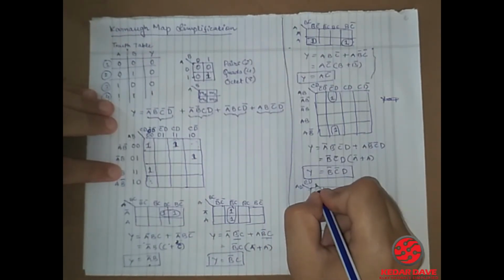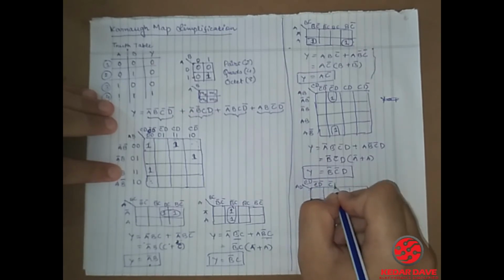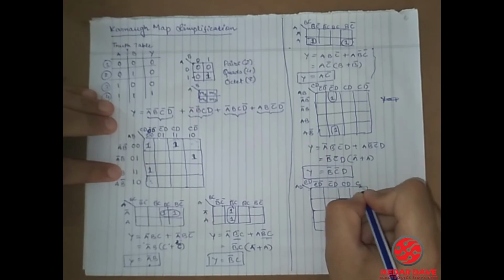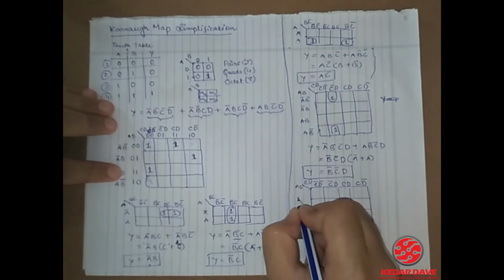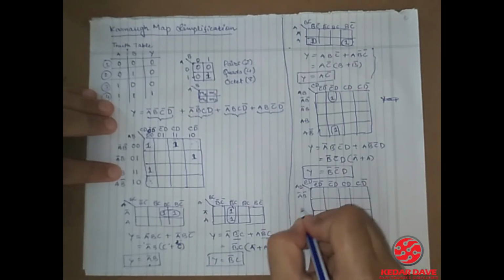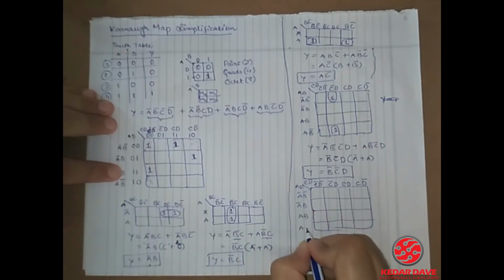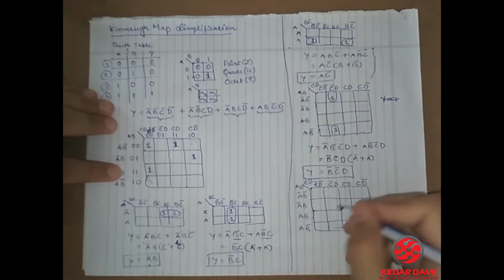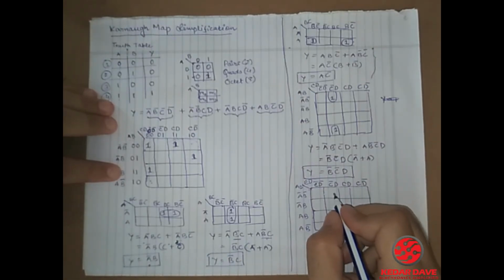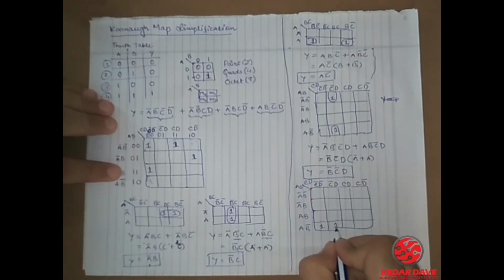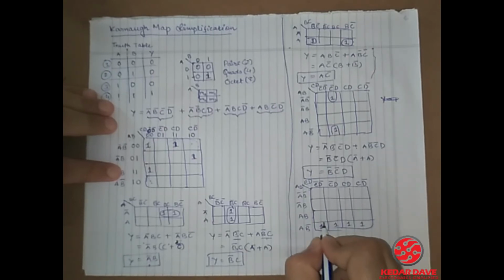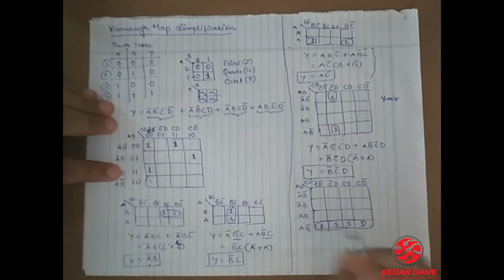We can write this as C bar D bar, this C bar D, this CD, and this CD bar. Here we can write A bar B bar. Here we can write A bar B, A B and A B bar, right? So in this condition, for all of these we are getting 1. So in this whole thing we are getting a common output.